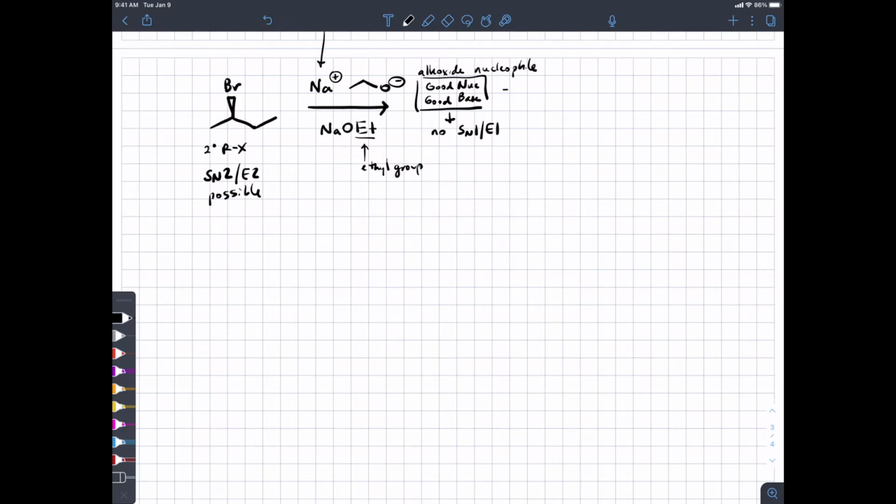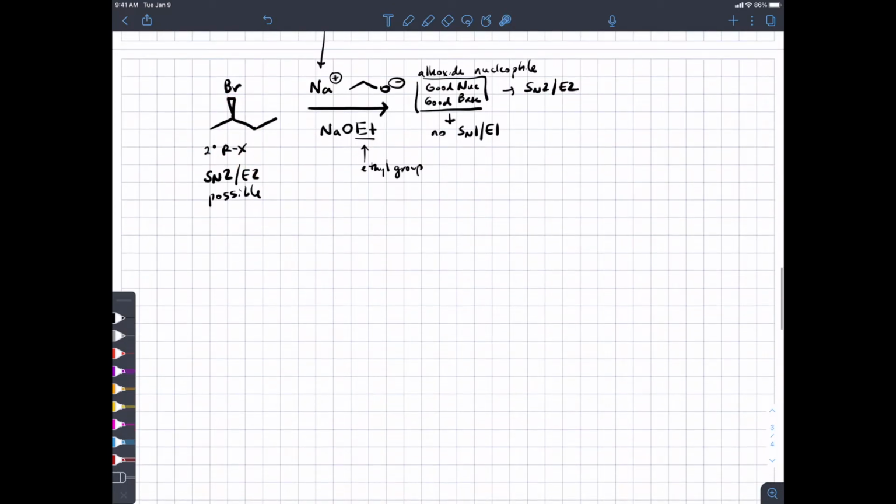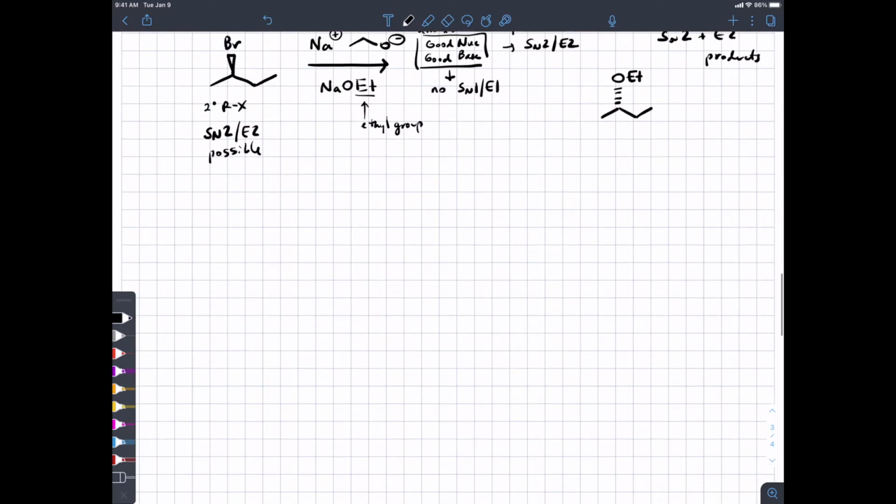So you have both SN2 and E2 possible for the good nucleophile and the good base. You have the same thing possible for the alkyl halide. So we need to draw both SN2 and E2 products. The SN2 product would look like this. It would be backside attack of the ethoxide nucleophile.